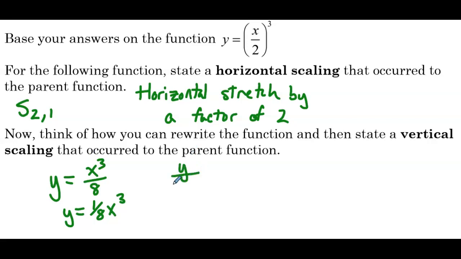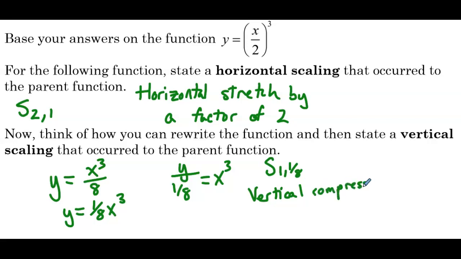So I can write this as y divided by 1/8 equals x cubed. Okay, so our scale factor would be 1/8, and I would describe this now as a vertical compression by a factor of 1/8.